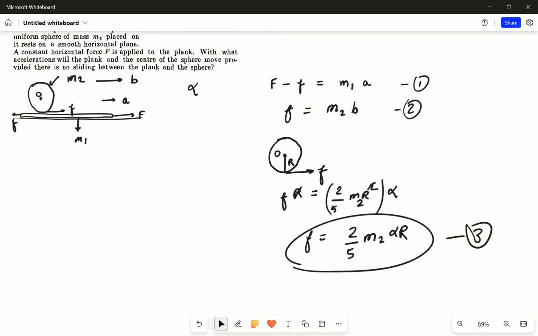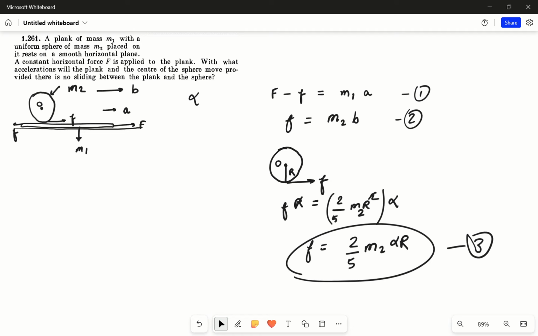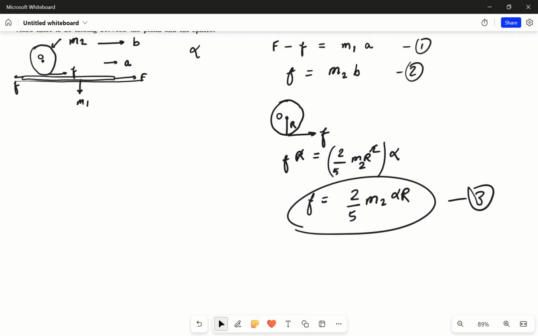Now, from where can we get the fourth equation? We can get it from writing the no sliding condition, right? We are given that the sphere is not sliding on this plank. So the acceleration of the point on the sphere in contact with the plank and the point on the plank would be the same. The acceleration of each and every point on the plank is a.